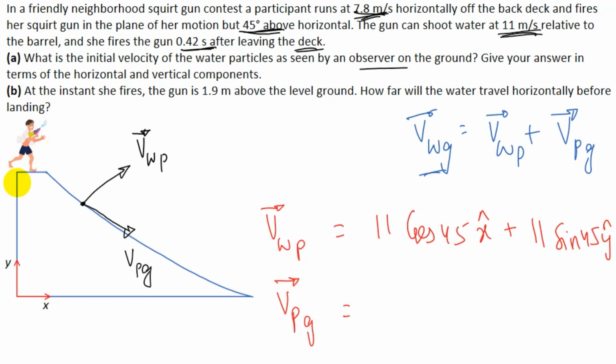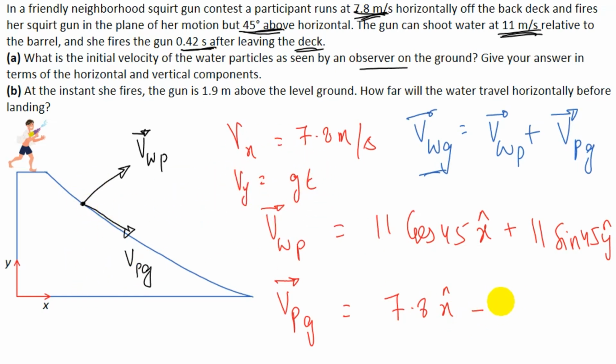Now initially the person was running at a speed of 7.8 meter per second, which will remain constant. The x component will remain the same, that is 7.8 meter per second, and the y component will increase at the rate of gt. Thus the velocity of person relative to ground will be 7.8 x cap minus, now why I'm taking this minus, because this Vy is in the downward direction, so that is why minus g times t.